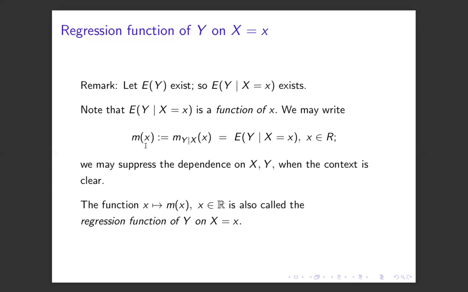And since capital X in that case was a discrete random variable, the little m of X, that composition, would also take only finitely many or at most countably many values.